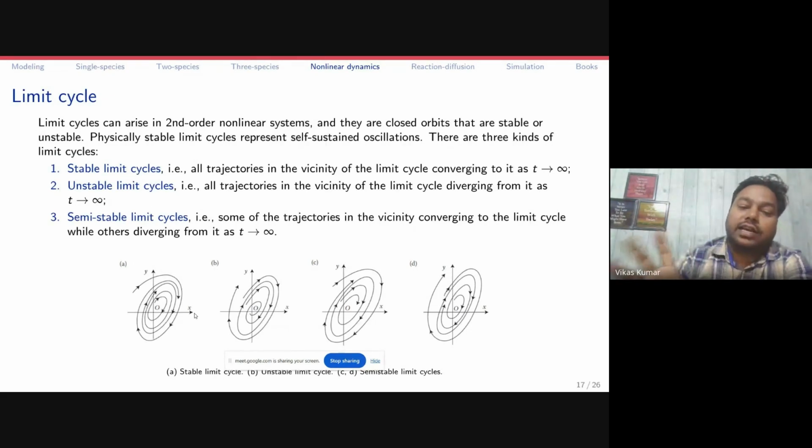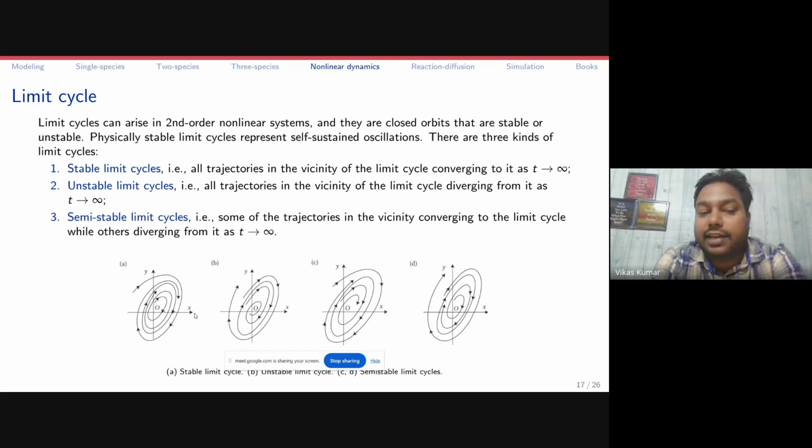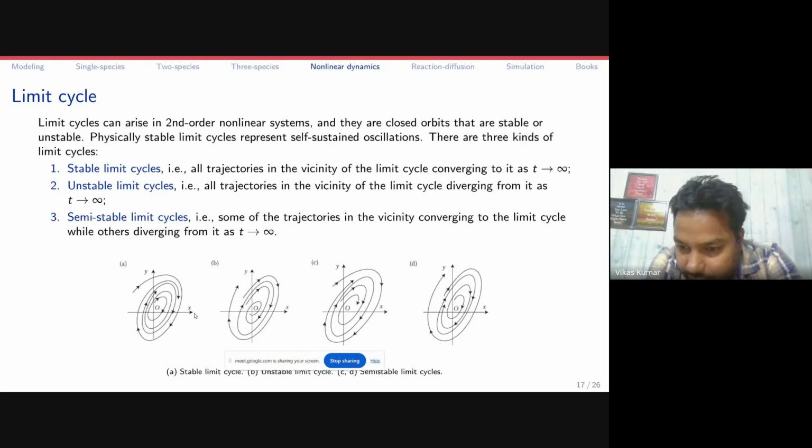So from one side it works like a stable limit cycle, so it's semi-stable. And similarly in diagram D, you can see the trajectories are diverging from the inside, and from the outside they are coming to the inside.